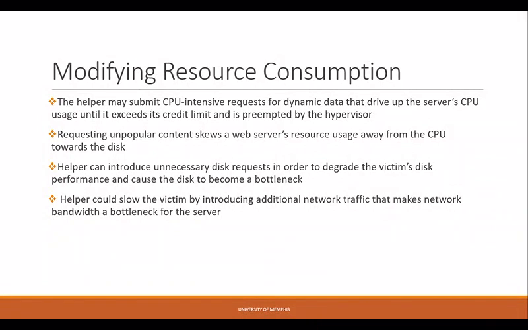And these are some ways to modify the resource consumption of the victim. For example, the helper. Think about the helper right now as software. So the helper may submit some CPU intensive requests for dynamic data that drive up the server CPU usage until it exceeds its credit limit and is preempted by the hypervisor.